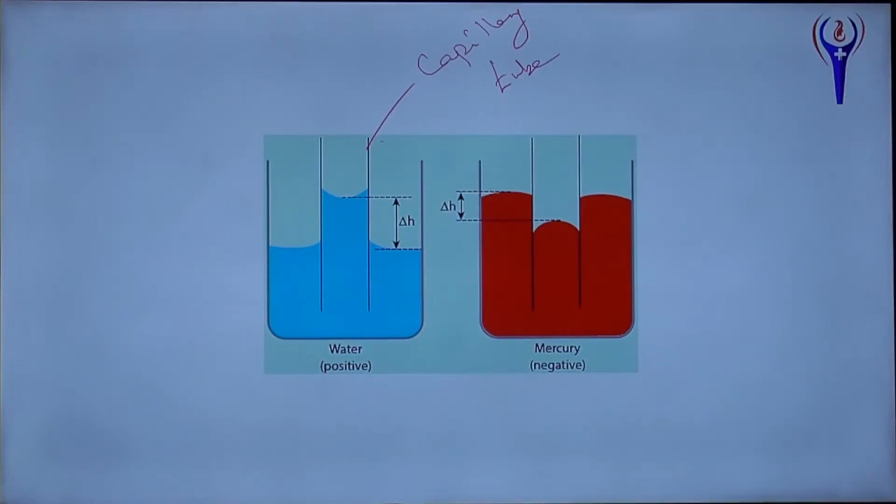What's the difference between these two? Here this is the level of water. The level of water increases. That we call capillary rise. And for mercury, what will happen? Does its height increase or decrease? It's not a capillary rise, it's a capillary fall.